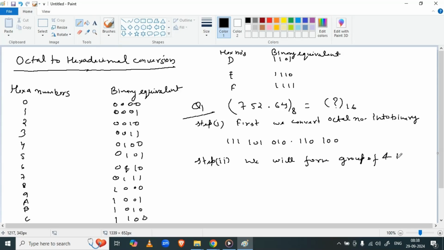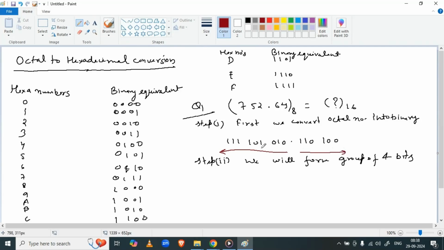In step 2, we will form groups of 4 bits, because a hexadecimal digit consists of 4 binary digits. For the integer part we move in this direction, and for the fractional part we move in this direction.